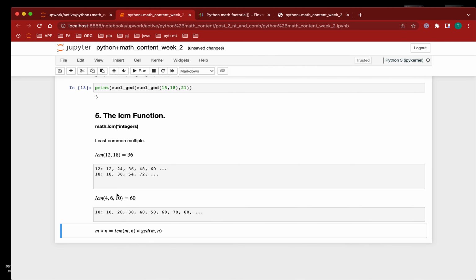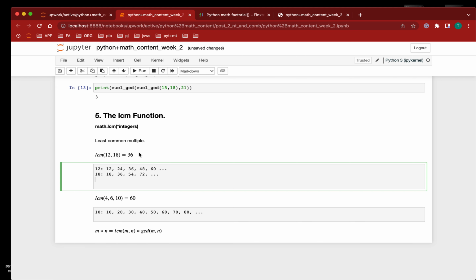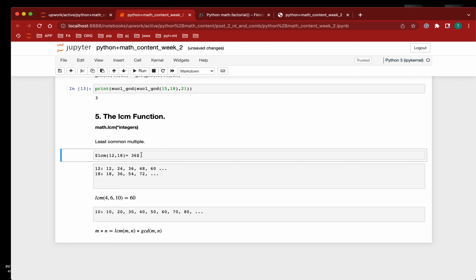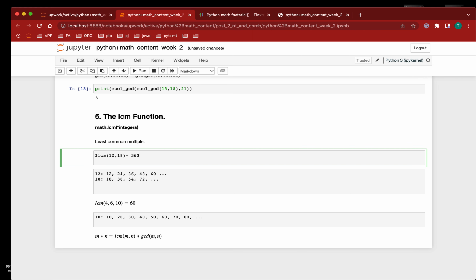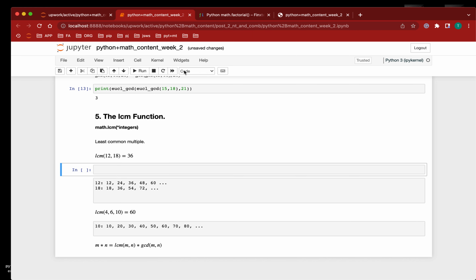So we can confirm this. For this example, we can use either the Euclidean algorithm or writing out the divisors of 12 and 18, and the GCD of 12 and 18 is just 6.